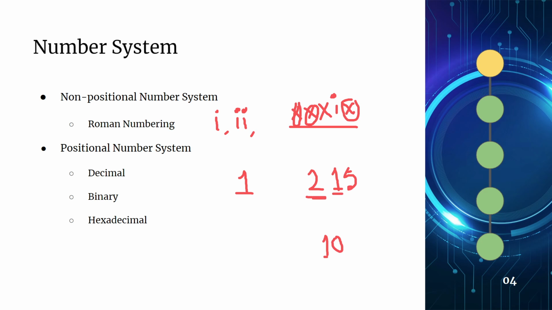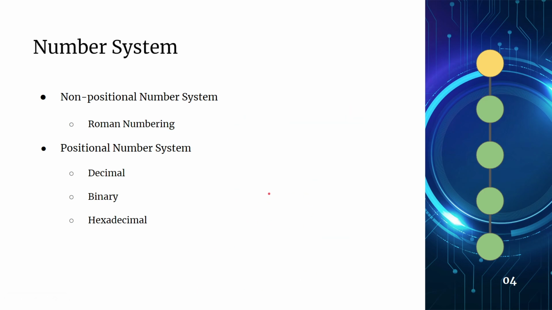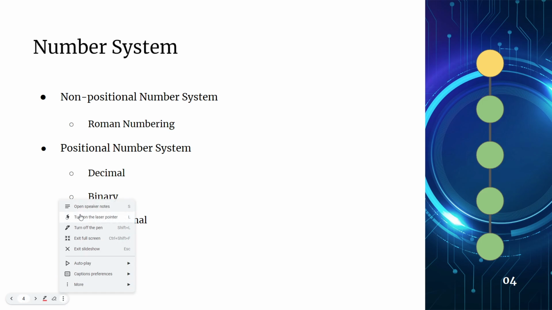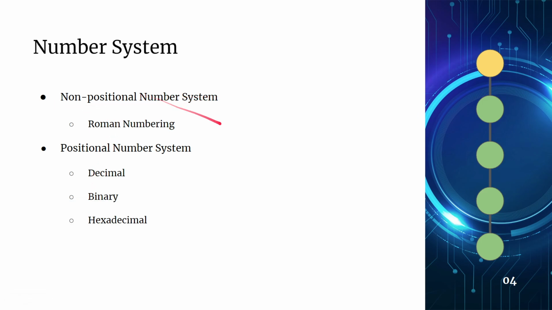If it is confusing, consider it like this: the 2 over here is actually 200, the 1 over here is 10, and the 5 over here is 5. So when we sum them all up, we get 215. This is the concept that is used in positional number systems throughout, which is not the case when you are using a non-positional number system, for example the Roman numbering system.